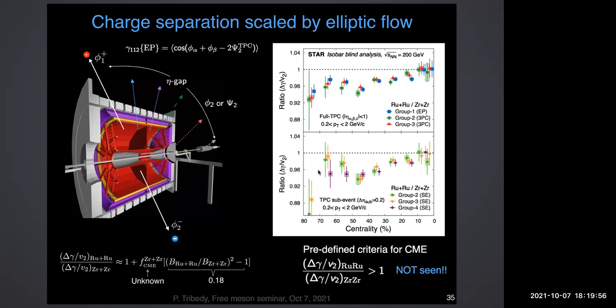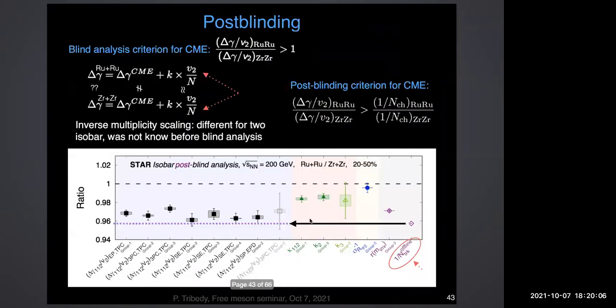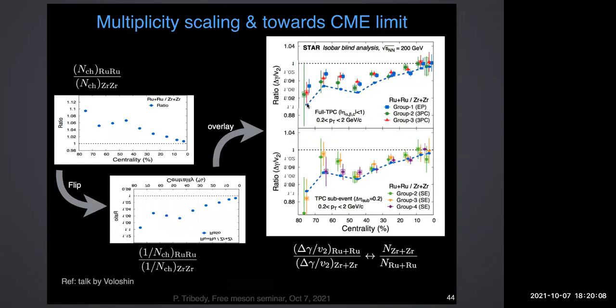One of the reasons, first of all, is that this bin has large uncertainties, and maybe I should go to this plot, which probably has an explanation. You saw that the multiplicity also went down here, right? Just the multiplicity ratio, and I think this is more like a multiplicity scaling.